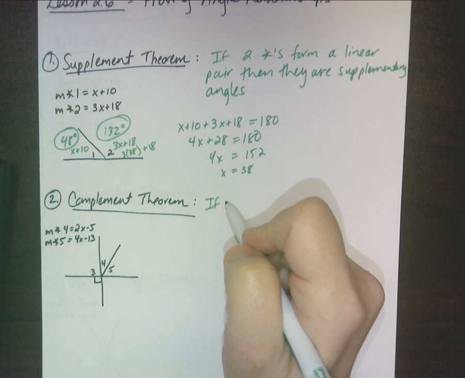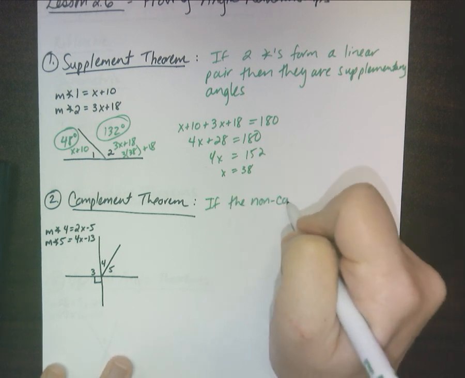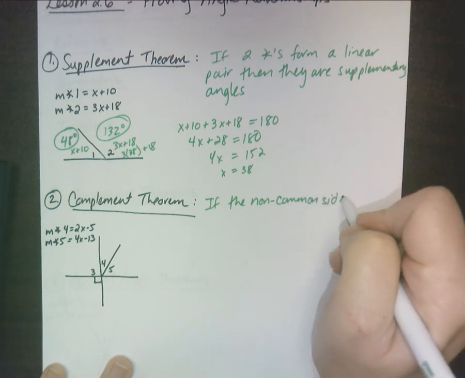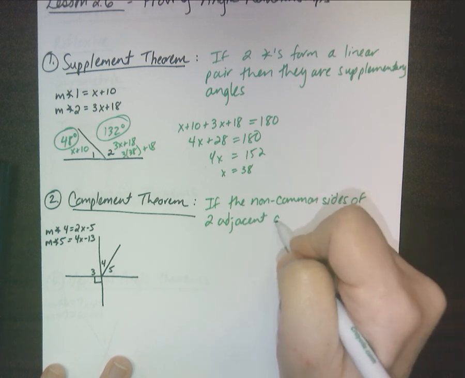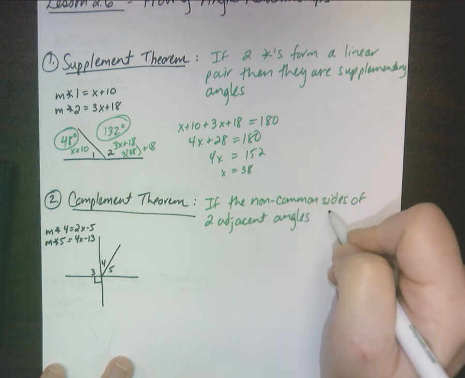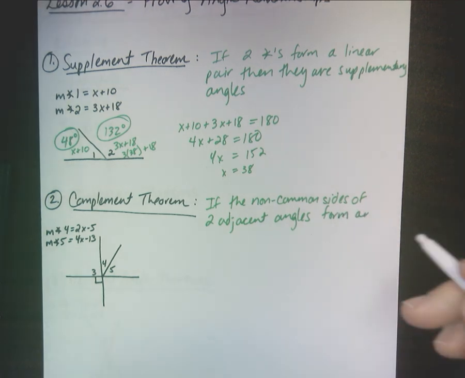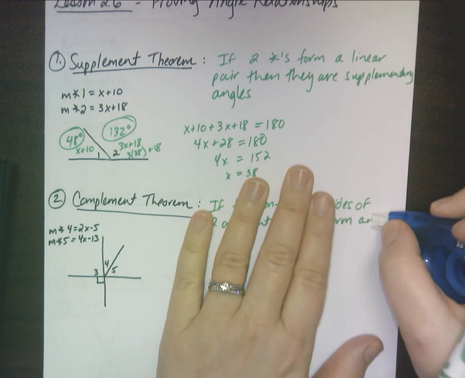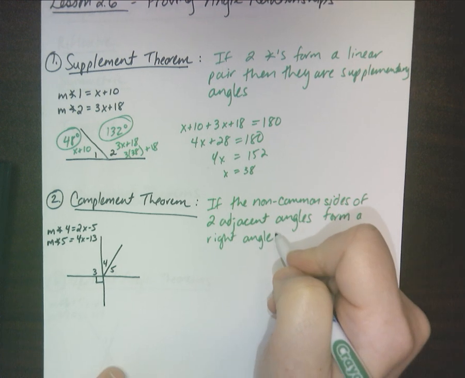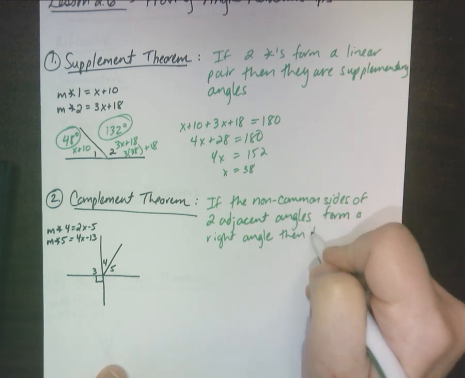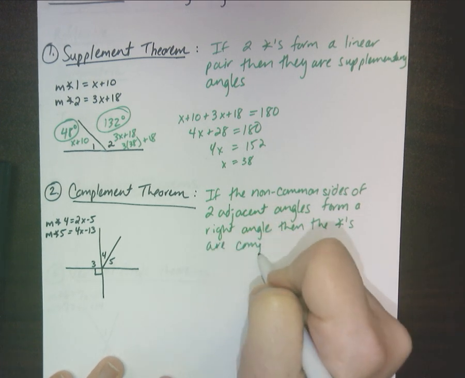So the definition says that if the non-common sides of two adjacent angles form a right angle, then the angles are complementary angles.